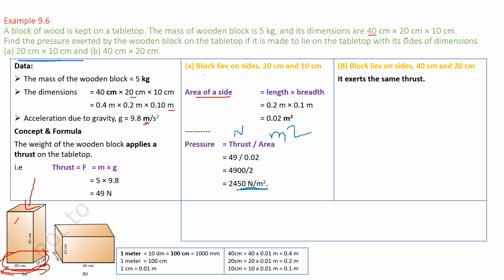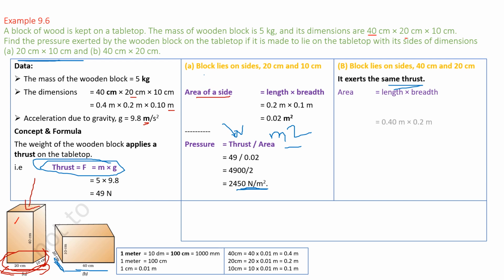Now you know, I already told you this thrust remains the same because it is very similar to the weight of the object. It exerts the same thrust whatever way you place it. Thrust remains the same, which is 49 newtons. Now let's calculate the area because we need to calculate the pressure. Now the sides placed this way, 40 centimeter and 20 centimeter, are touching.